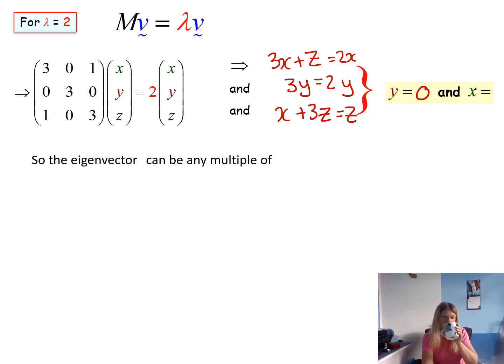And what relationship have we got with x and z? We're looking at that one. We've got x equals minus 2z. And with that one, we've got x equals, take that over, minus z.